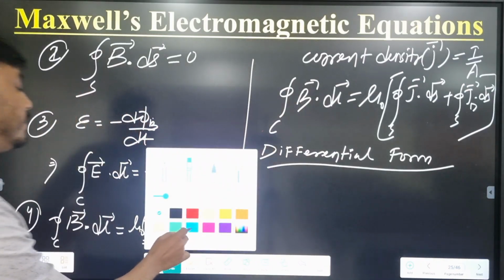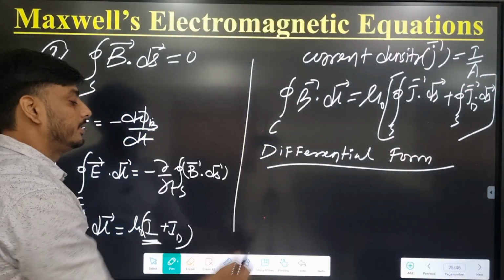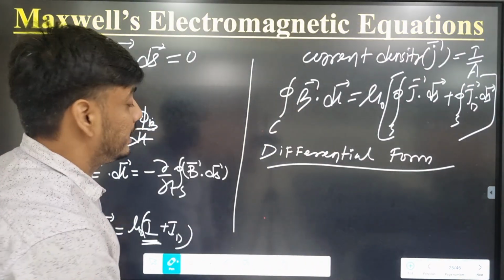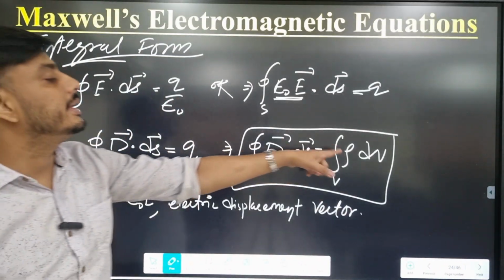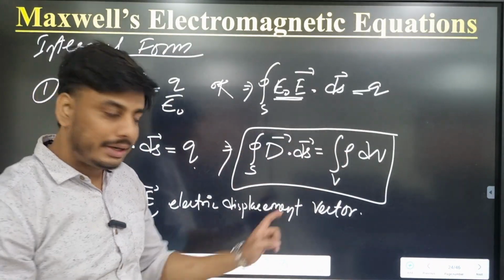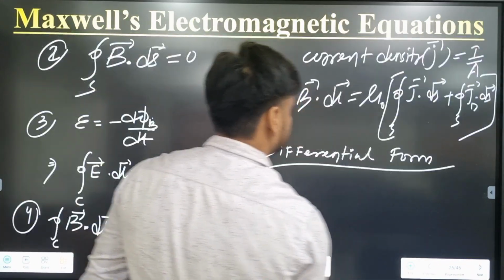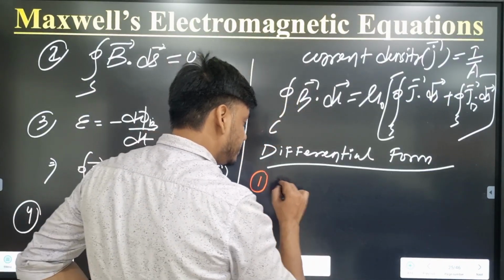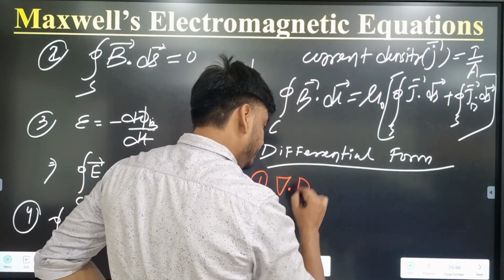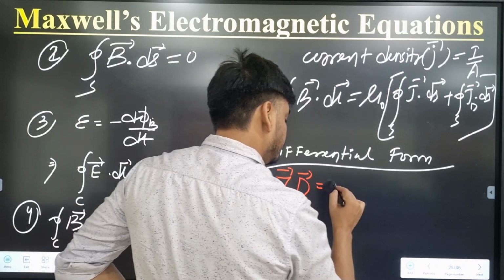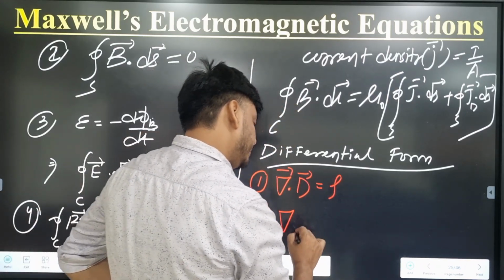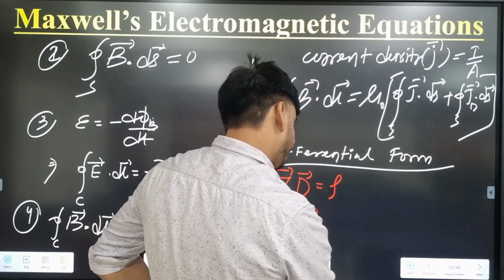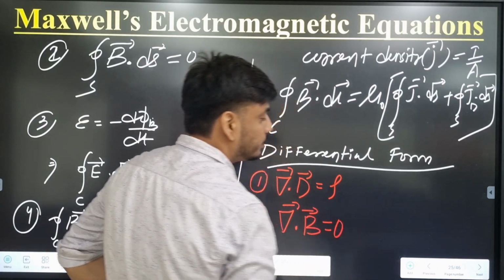Then we will discuss what the differential forms are. The first equation is del dot D equal to rho. The second one is del dot B equal to 0.